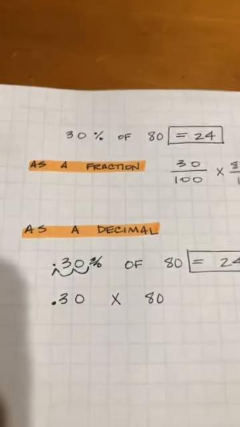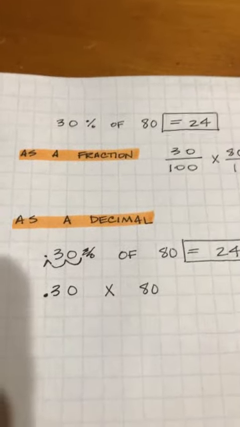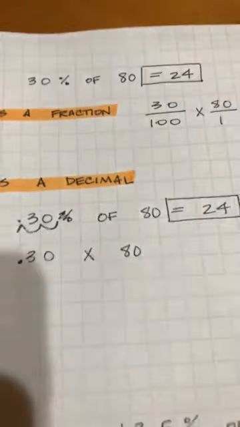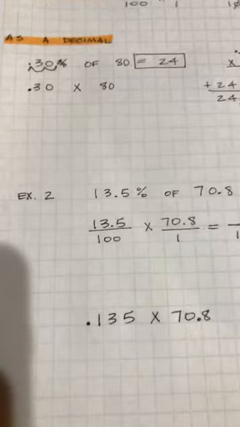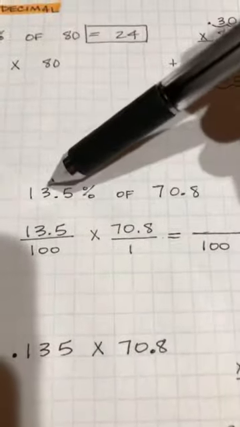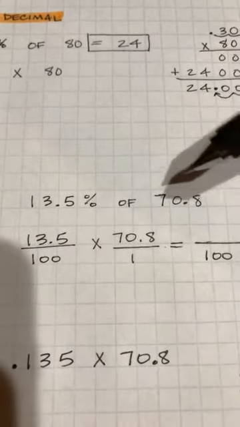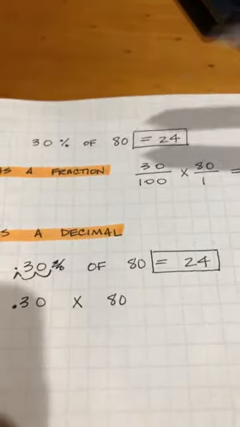And we talked in class today, the best method, I believe, is to do it as a decimal, because sometimes, like you see down here below, we have examples that don't have friendly numbers. So you've got 13.5% of 70.8. These are not nice friendly numbers like 30% of 80.